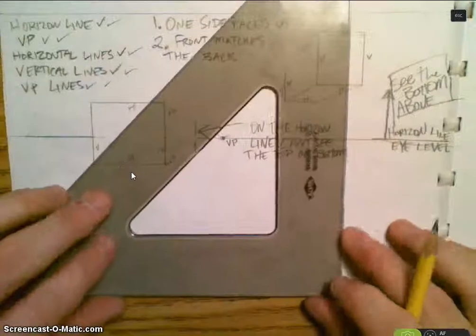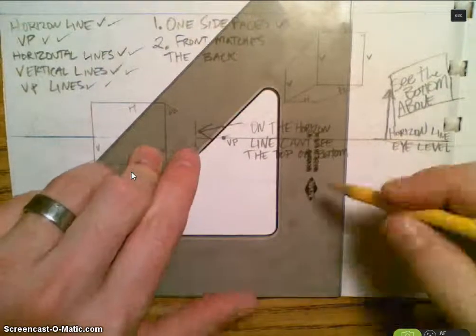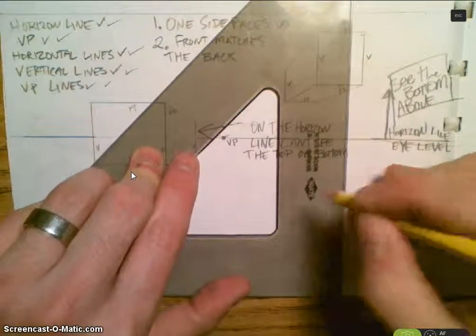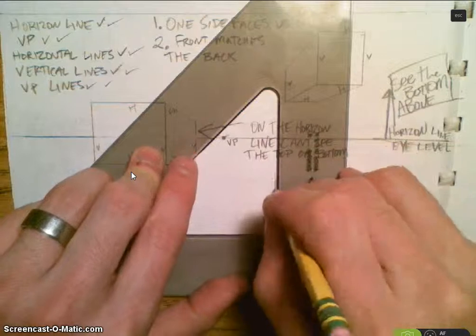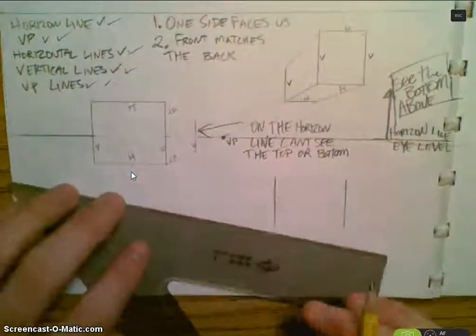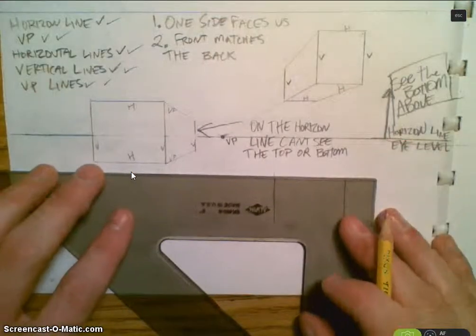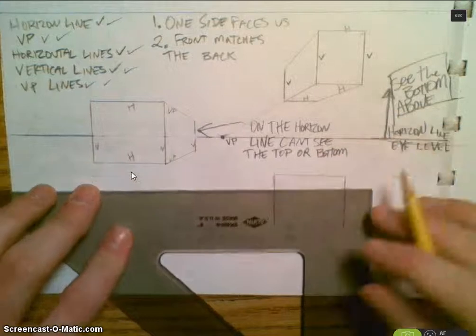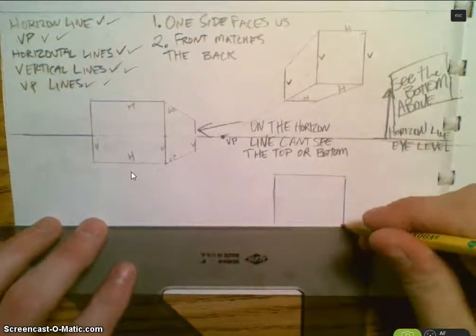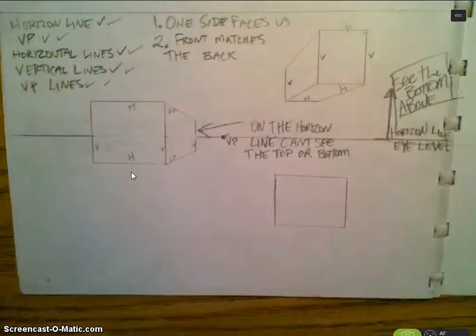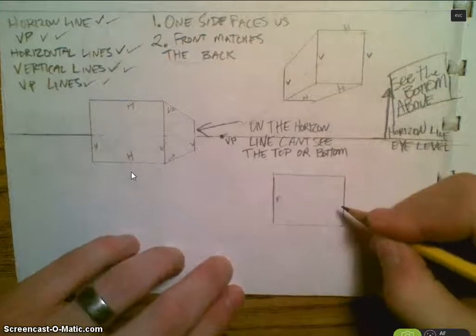So the last one, go ahead and draw your box in. We don't need to do this together. You know that it needs verticals. You know that it needs horizontals. I'm going to go ahead and label them.